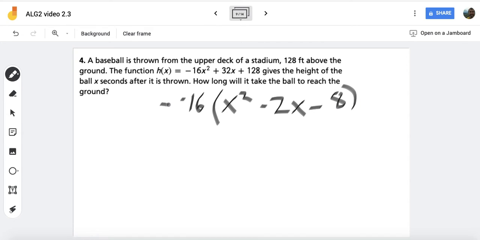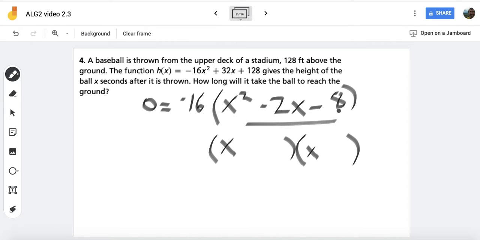And I want to find out when does this equation equal 0. So if I can factor this part, that'll help out. The leading coefficient is 1, so I know it's going to factor into an x and an x. Factors of negative 8, that when you add them you get negative 2. I'm instantly thinking of 2 times 8.